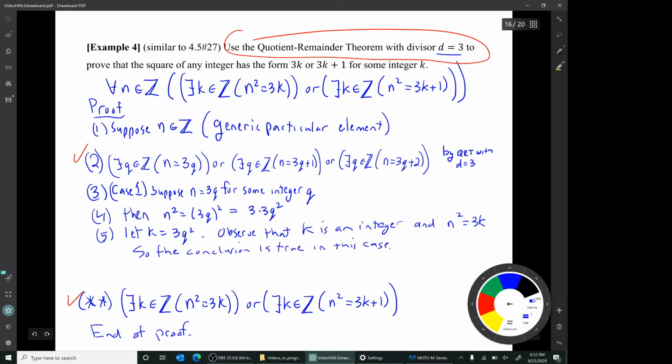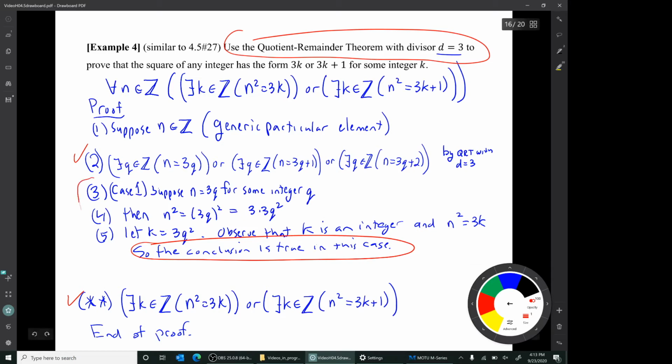So the way that we proceed is we start with one of the cases. We know that either that's true, or that's true, or that's true. So we start by saying, well, okay, so suppose that's the one that's true. And we go through a few steps that end by saying, therefore, the conclusion is true in that case.